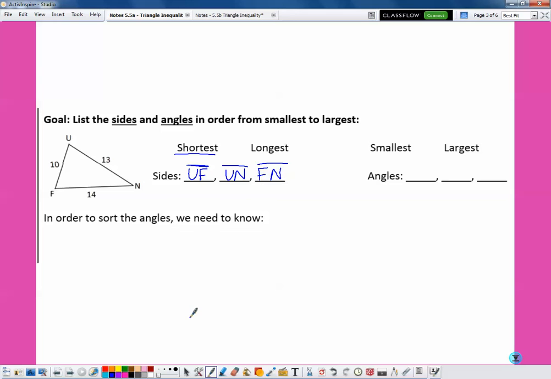In order to sort the angles, we need to know that the smallest angle is opposite the shortest side.